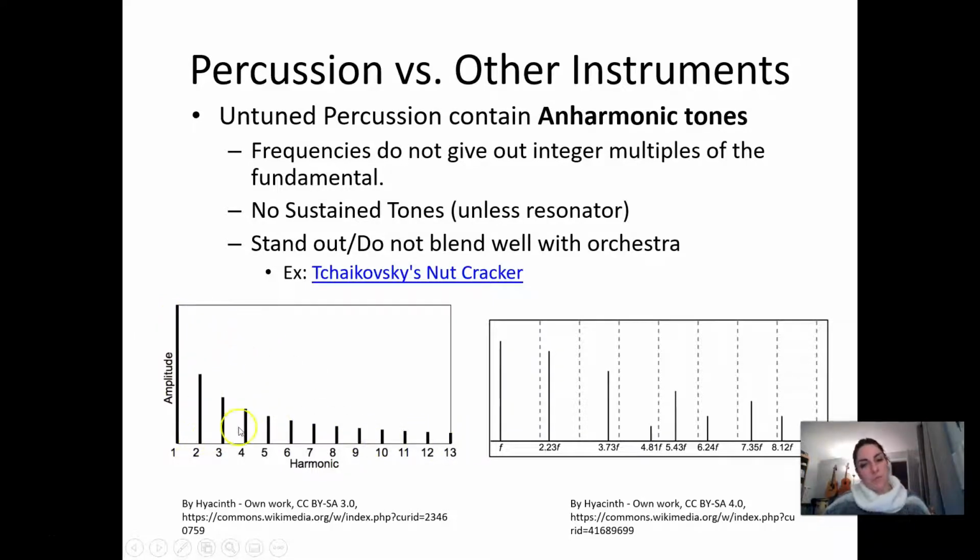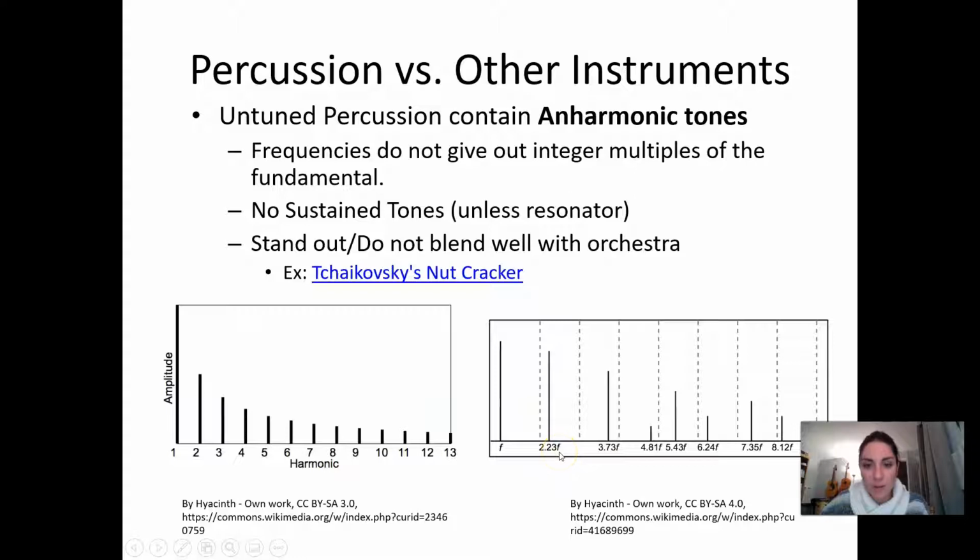We have intervals 1, 2, 3, 4, 5, which stand for the harmonic series, like the harmonic series of a string. We have standing waves 1, 2, 3, 4, 5, etc., and they're all present. They just all have different amplitudes. So the 13th harmonic that's present is really soft compared to the first.